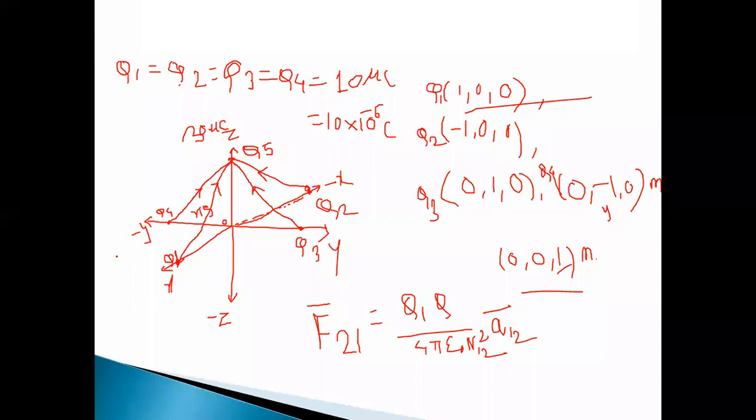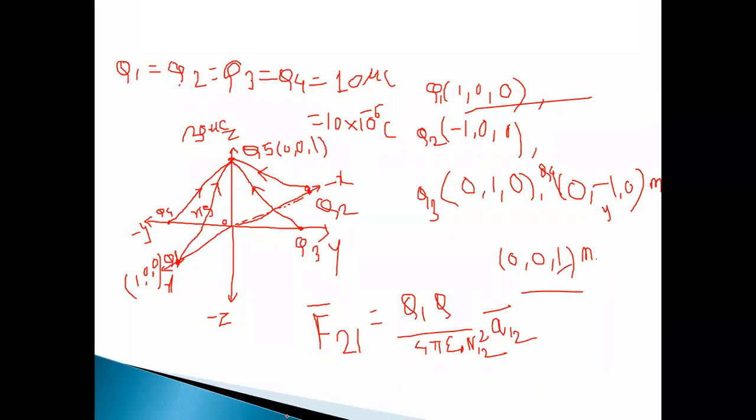Coordinates of Q1 are 1, 0, 0. And coordinates of Q5 are 0, 0, 1. Now we have to find this vector Q1 to Q5.